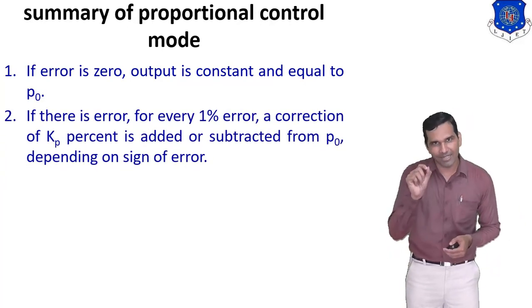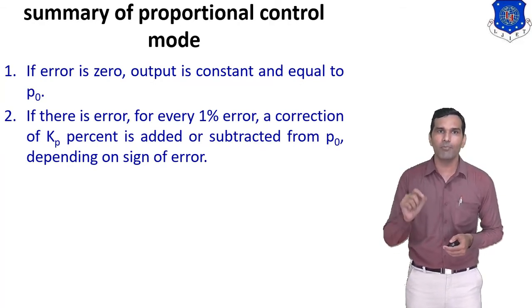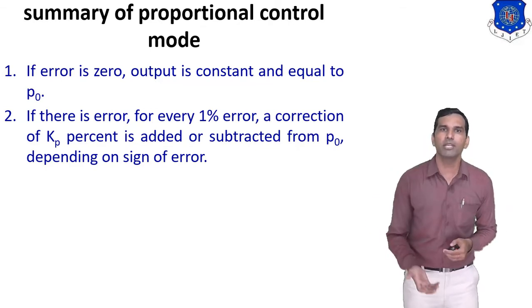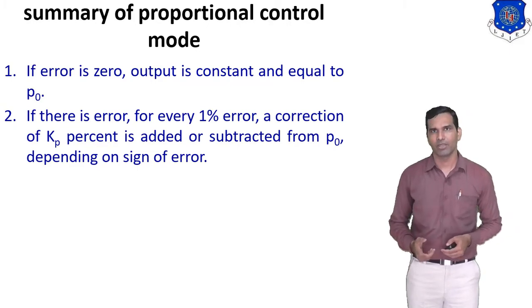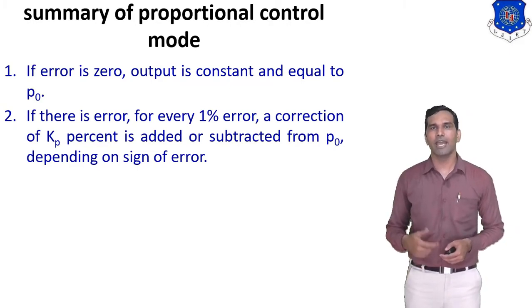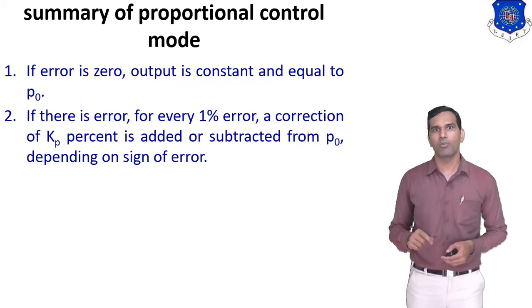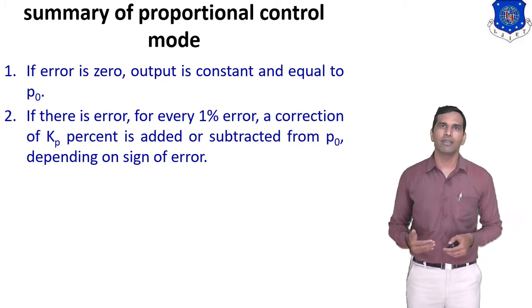If there is an error, for every 1% error, a correction of Kp% is added to or subtracted from P0, depending on the sign of the error.